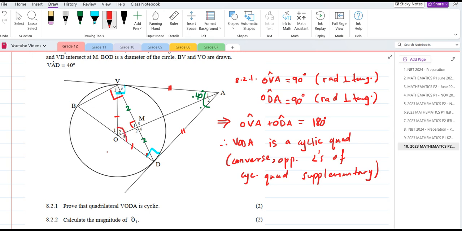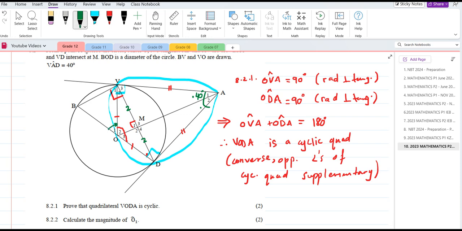Remember, this is a cyclic quad already. If this is a cyclic quad, I just mind the drawing, right? So this is a cyclic quad. Then exterior angles of cyclic quad: look at angle O1.